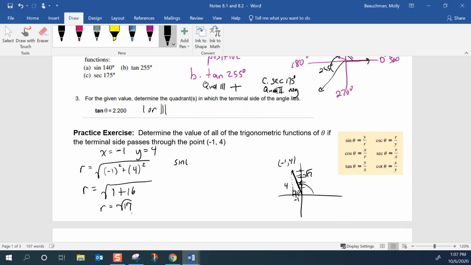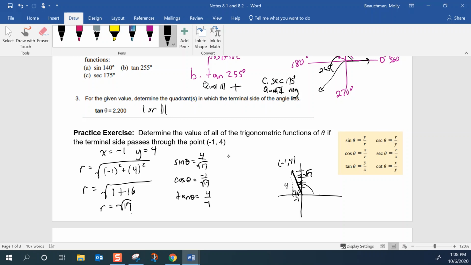So the sine of our angle is going to equal y over r, so that's going to be 4 over the square root of 17. The cosine of our angle is going to equal x over r. X value is negative 1 over the square root of 17. Tangent is equal to y over x, so that's going to be 4 over negative 1, which is negative 4.